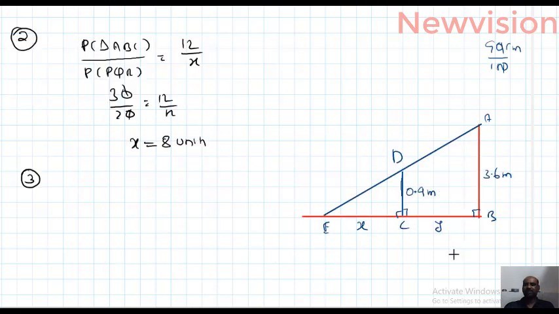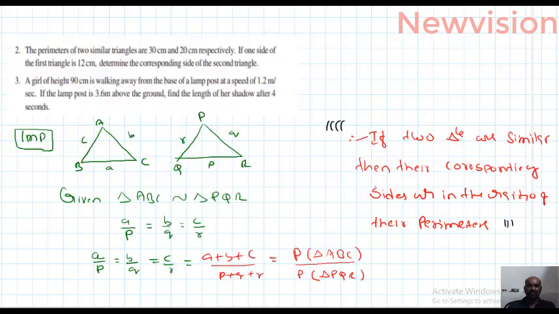Okay. So what is y? y means the distance traveled by the girl in 4 seconds. Speed of the girl is given: 1.2 meters per second.